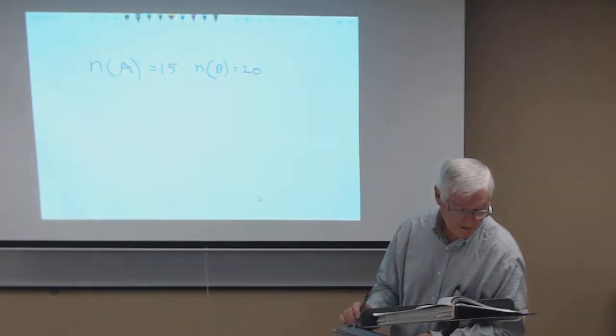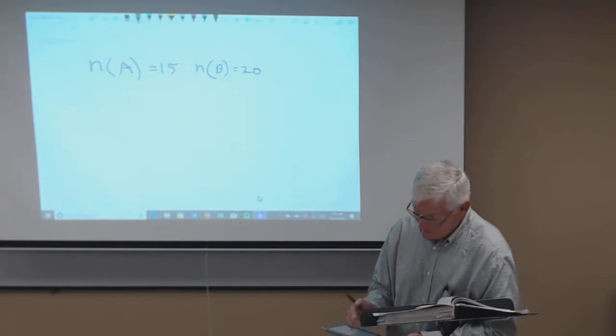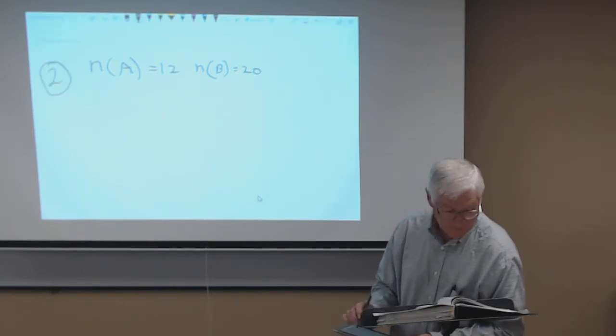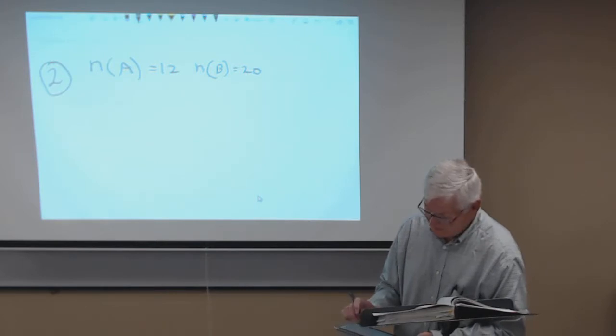And, oh no, that's yours. You're going to let me do one of yours, aren't you? No, we're not. The number of elements in A is 12. This is problem 2. The number of elements in B is 6.